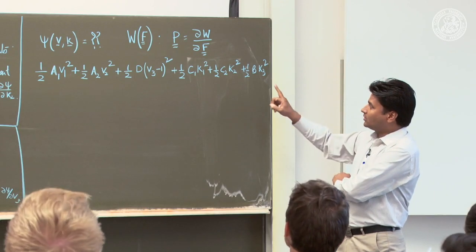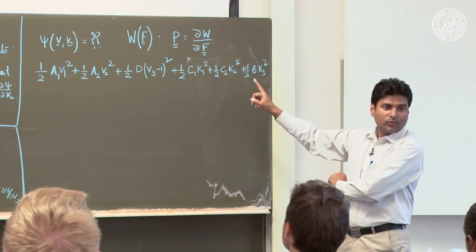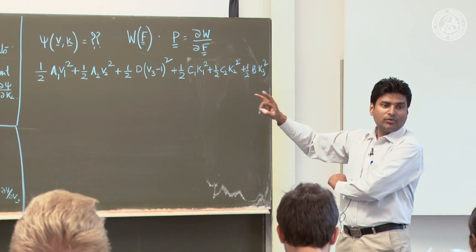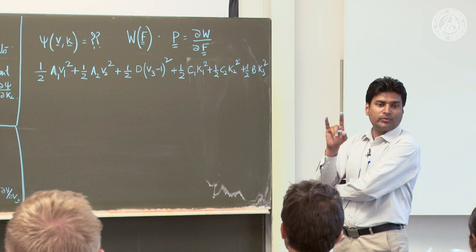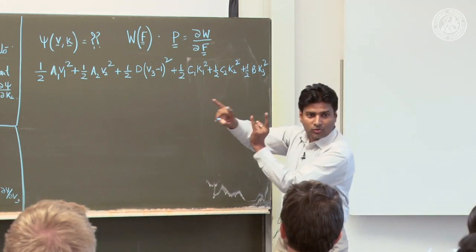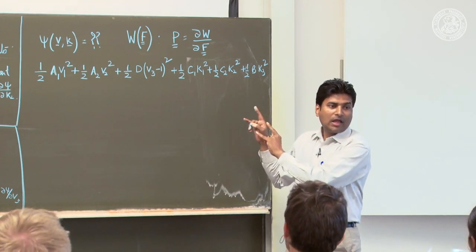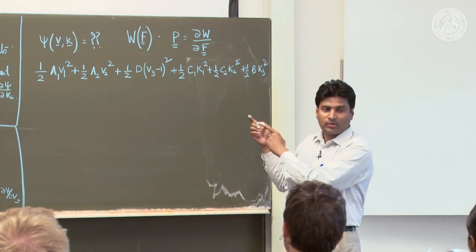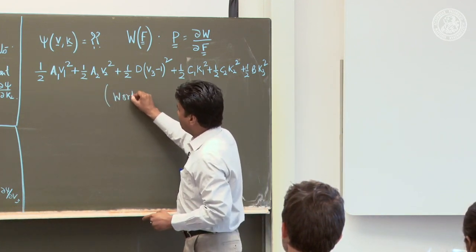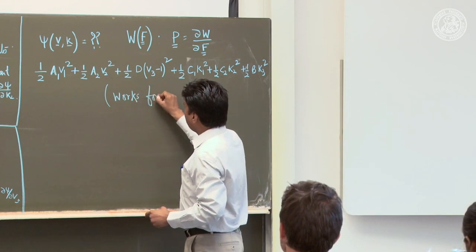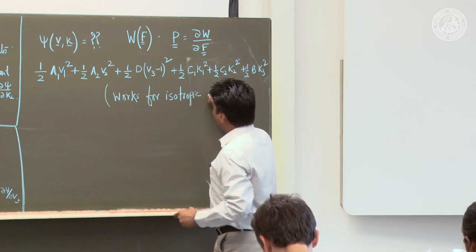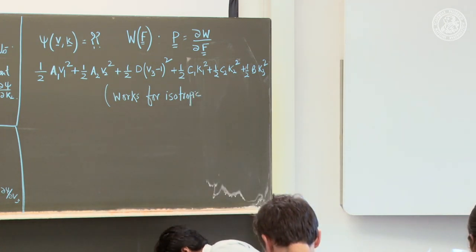And it turns out this works for isotropic beams. You can also derive it mathematically from 3D elasticity, which we will do later on. But right now, we just wrote down a quadratic form of energy, and it turns out this actually works for isotropic, I should say, circular beams.